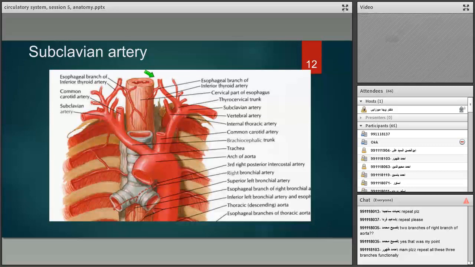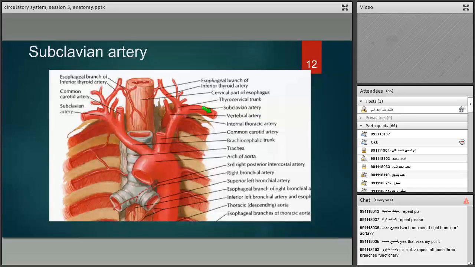One of the branches of the subclavian artery is the internal thoracic artery. The internal thoracic artery is supplying the blood for the anterior wall of the chest.